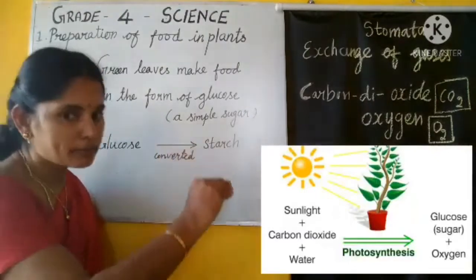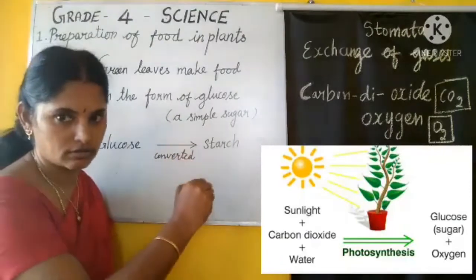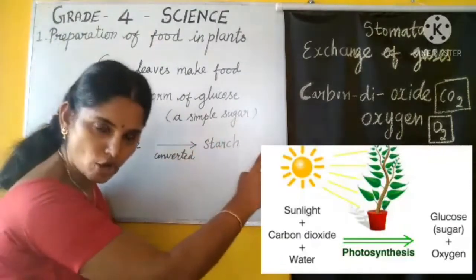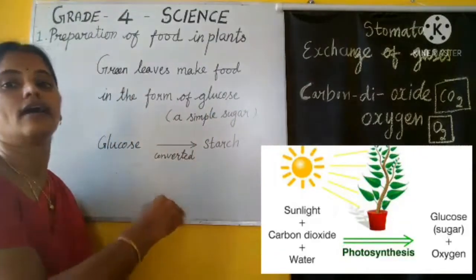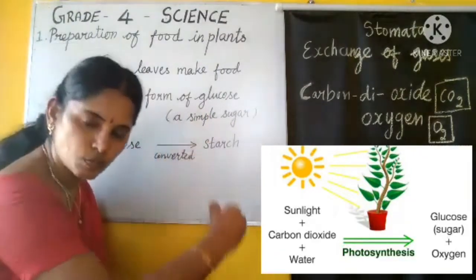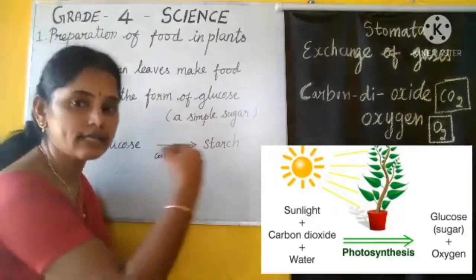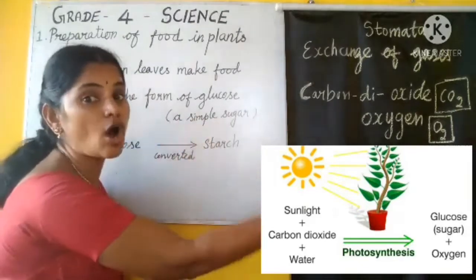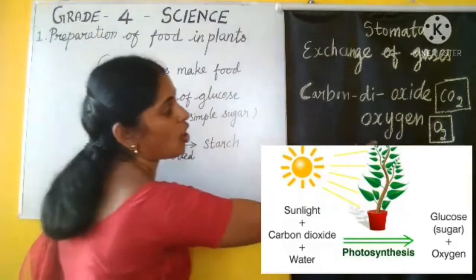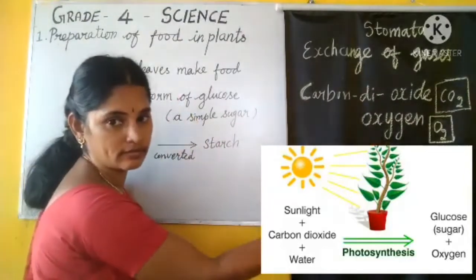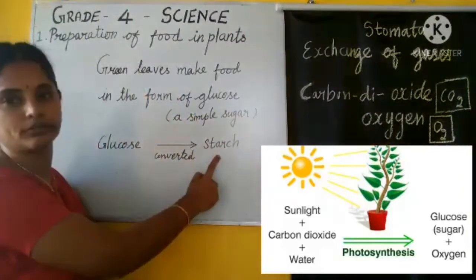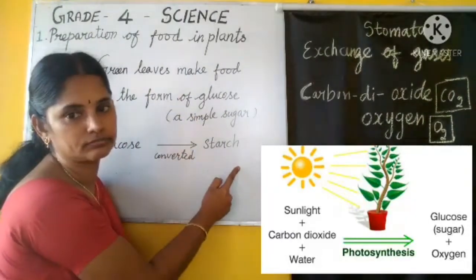So it prepares the food with the help of carbon dioxide, water and sunlight. So the photosynthesis process happens. At the end result, it releases the gas called oxygen. It releases oxygen and food, starch.